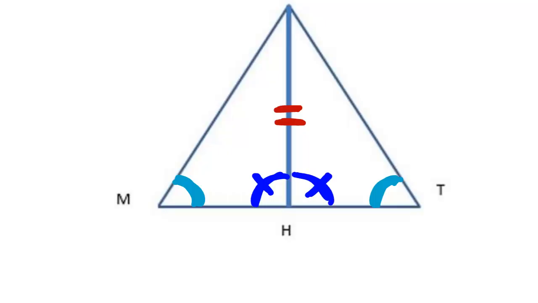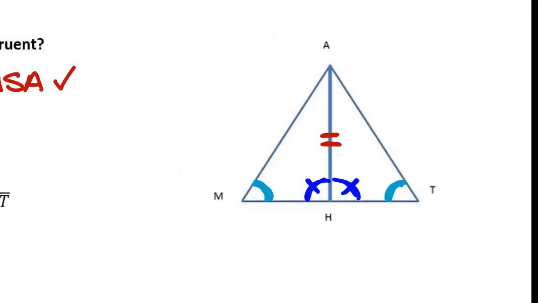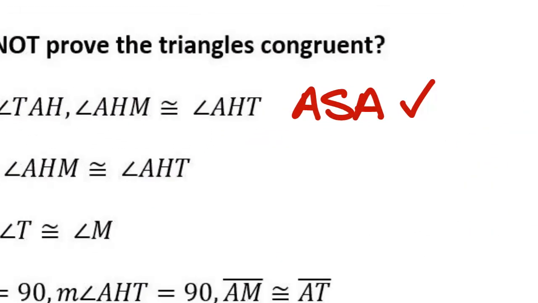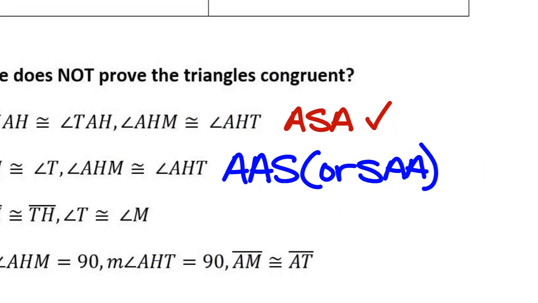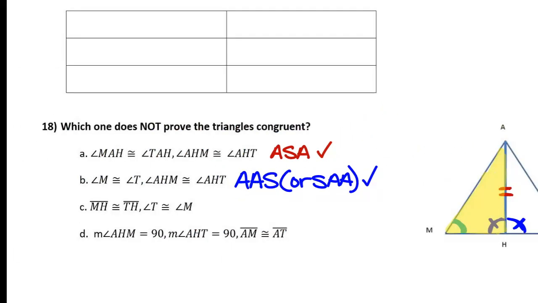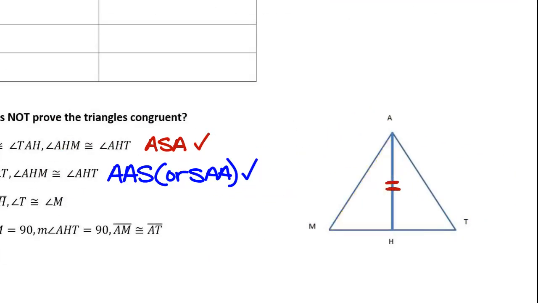That would be the corresponding angle on the other side. What do we have marked up now? Angle, angle, side, or side, angle, angle. Are we allowed to use that? Yes. So that wasn't it.